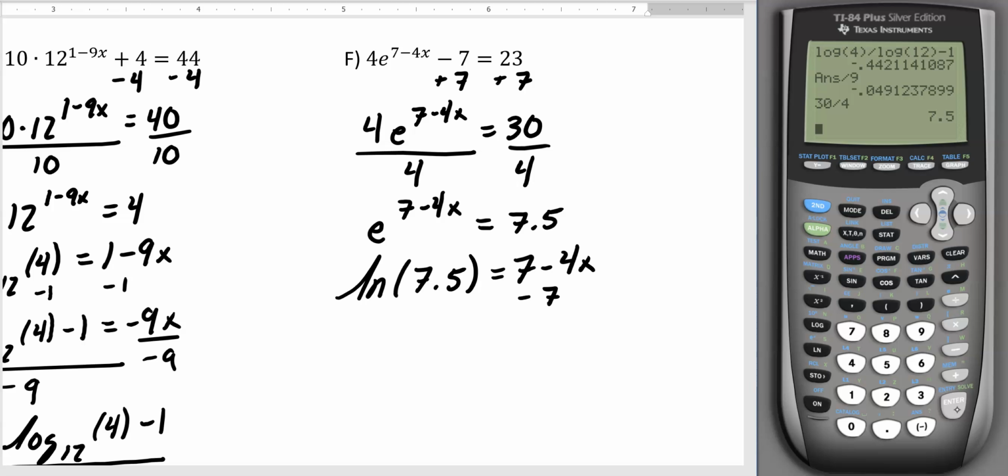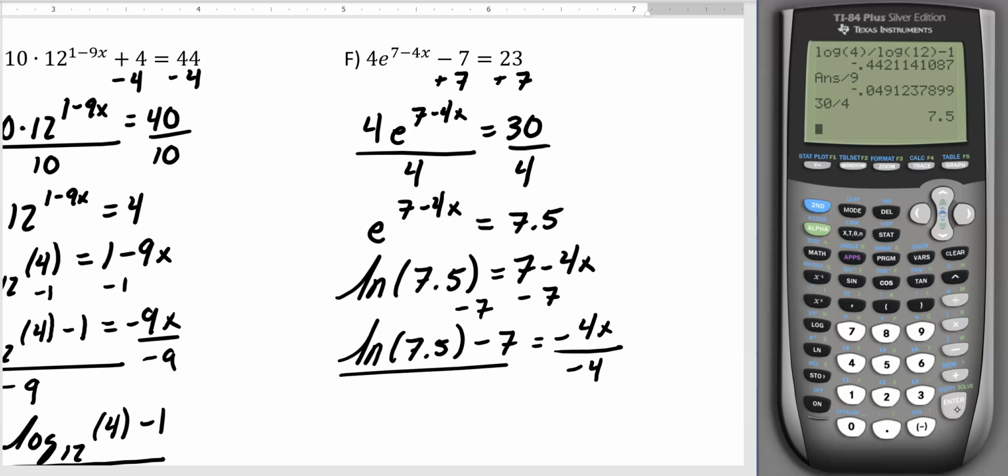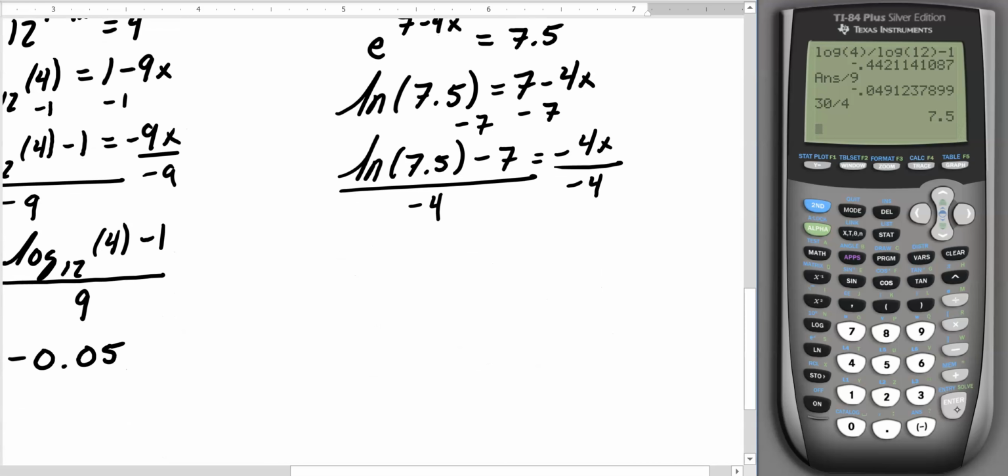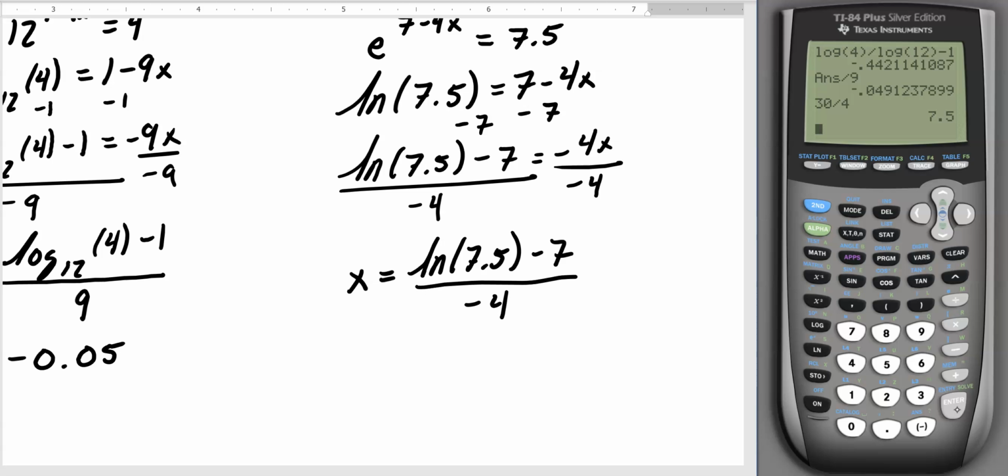So I'll subtract 7 from both sides. So I'll have the natural log of 7.5 minus 7 equals negative 4x. Divide by negative 4. Divide by negative 4. And when I do that, I will find that x equals the natural log of 7.5 minus 7 over negative 4.